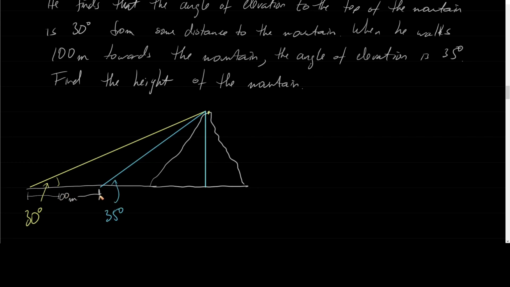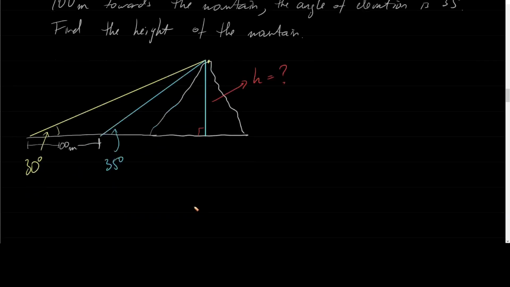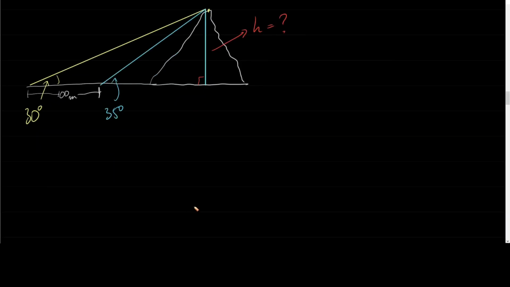All right, so the question is here, what is the height of the mountain? And notice that I made two right triangles again. I made this blue right triangle, and it's implied the yellow triangle around this way, all right? So let's look at both of those triangles separately. So here's the yellow triangle.